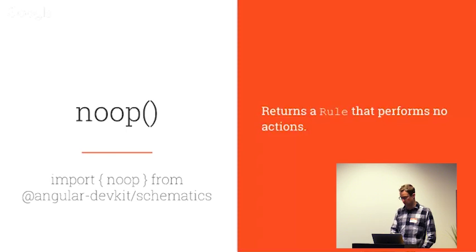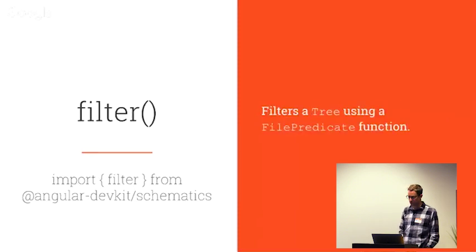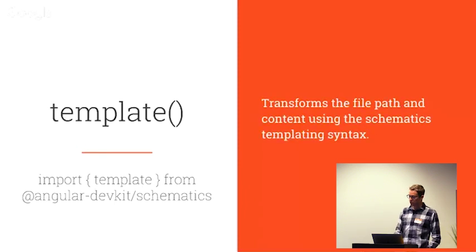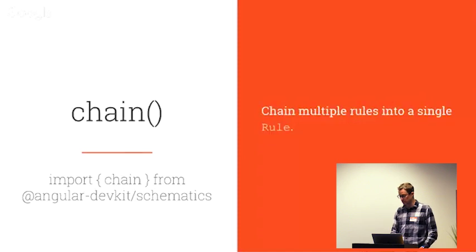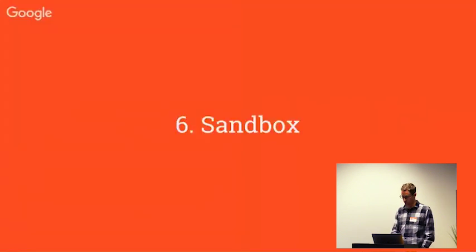We just have this simple function that they provide us. Filter will filter a tree using a file predicate function. Template transforms the file path and contents using the schematics templating syntax. Move will move the tree to a specified destination. And chain chains together multiple rules into a single rule that we return out of our function.